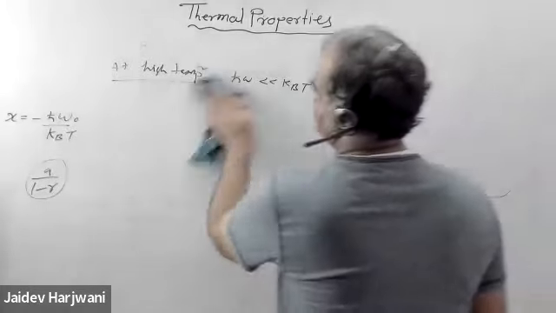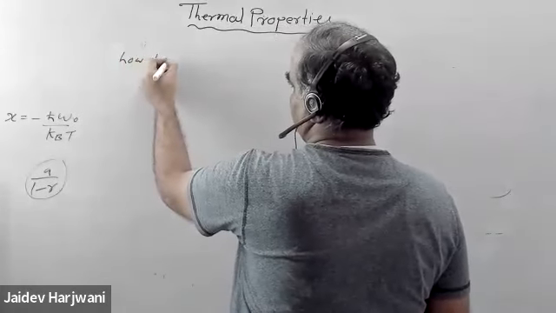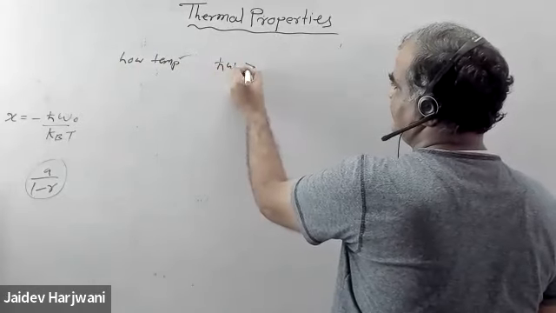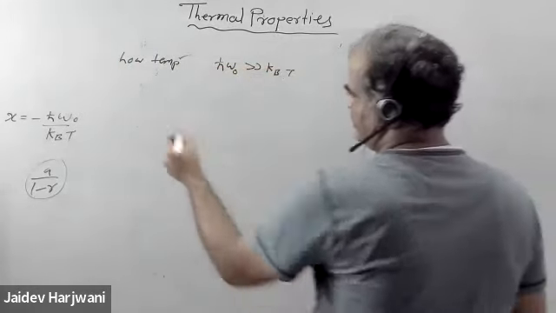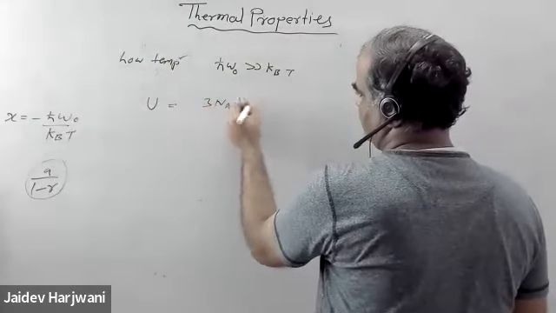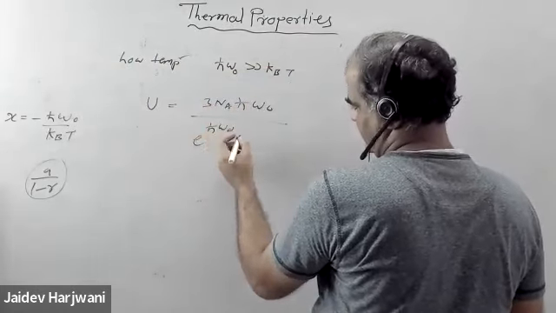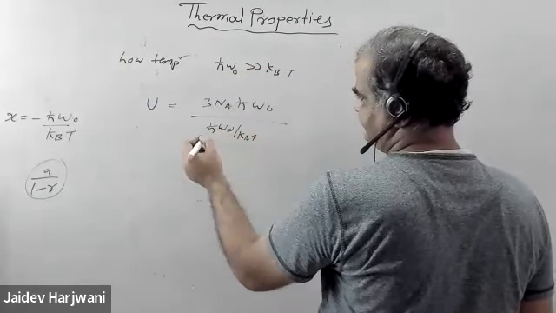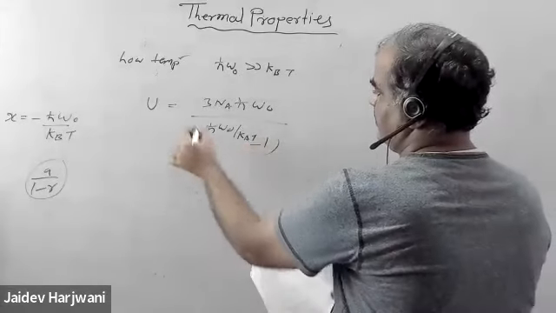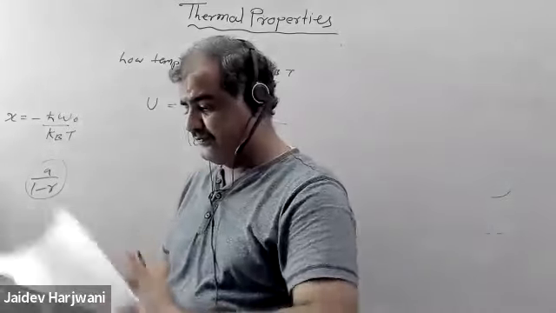Now let us solve this for low temperature. At low temperature, ħω₀ is greater than k_BT. So now I have energy 3N_A ħω₀ divided by e^(ħω₀/k_BT) minus 1. Is this the expression of total energy?